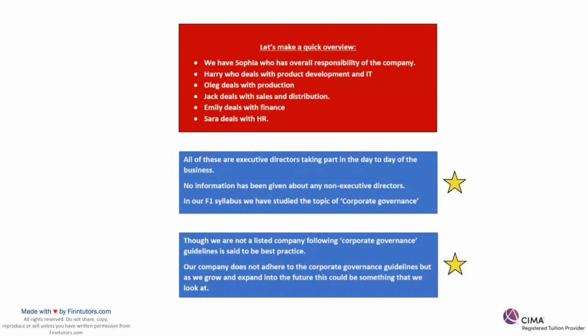So let's say right now we have private equity investors and venture capitalist investors who have invested in our company. At some stage in the future, they're going to want us to be listed so they can liquidate their stake. If we want to be listed, we need to have a good corporate governance structure. So, going forward, a scenario in the exam can also be about appointing non executive directors and corporate governance. So, it's important that we go through this topic from our F1 syllabus.